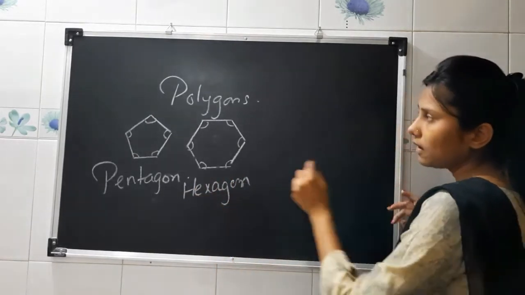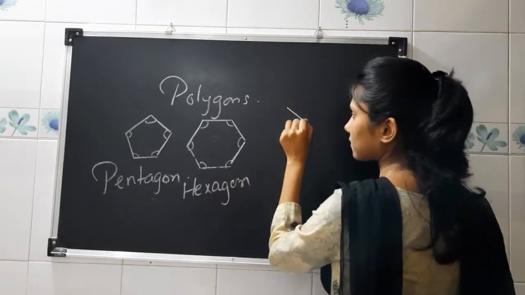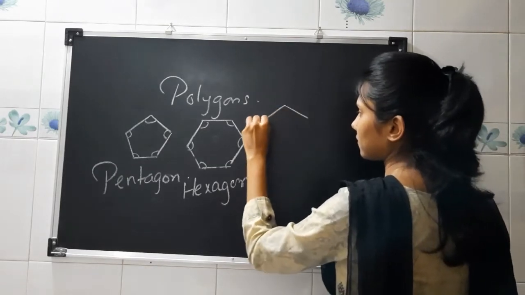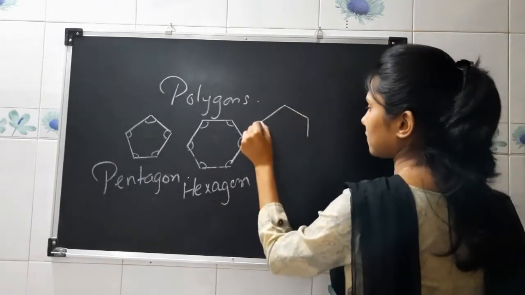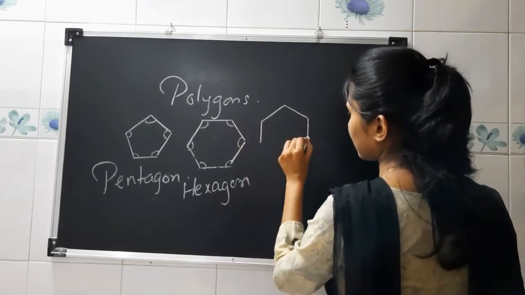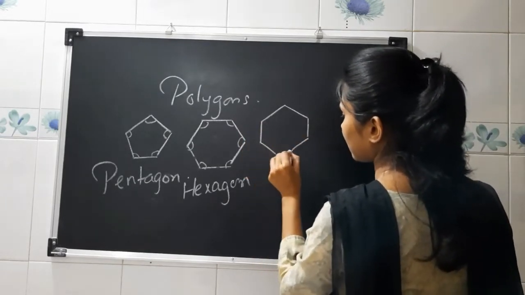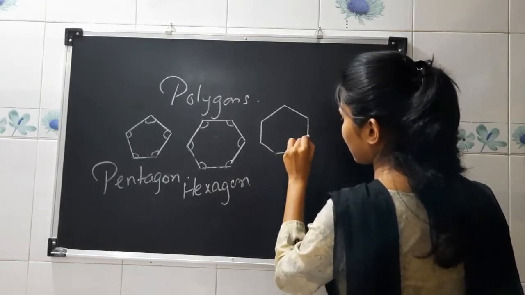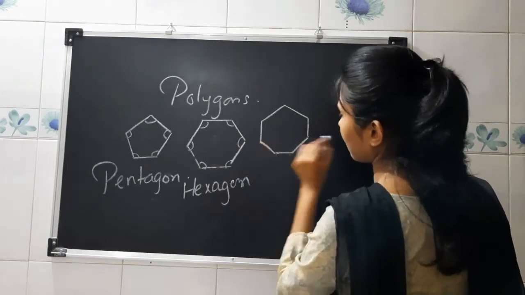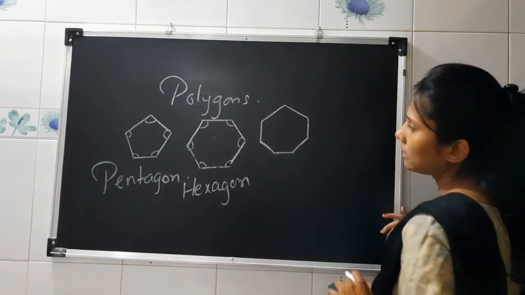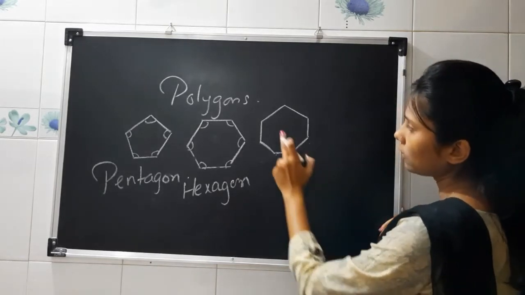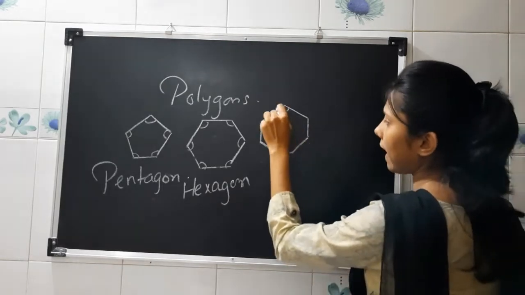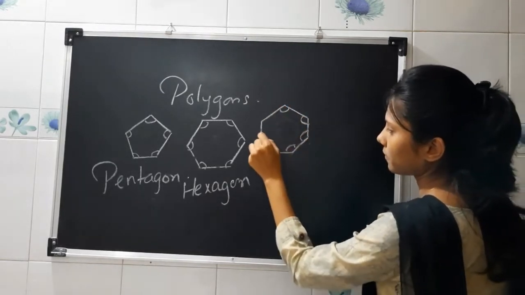Then the next is the polygon with 1, 2, 3, 4, 5, 6, 7 sides, 7 sides and 7 angles.